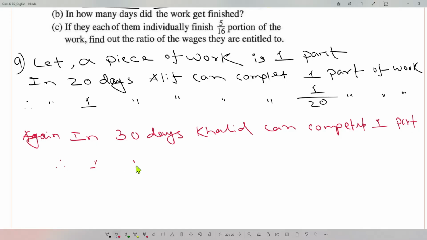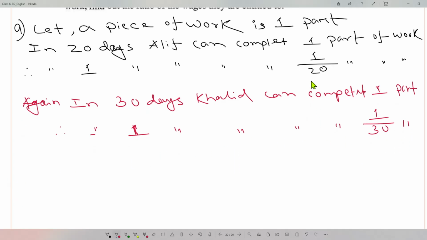So in one day Khalid can complete 1/30 part. Okay, so Alif can complete 1/20 part and Khalid can complete 1/30 part.